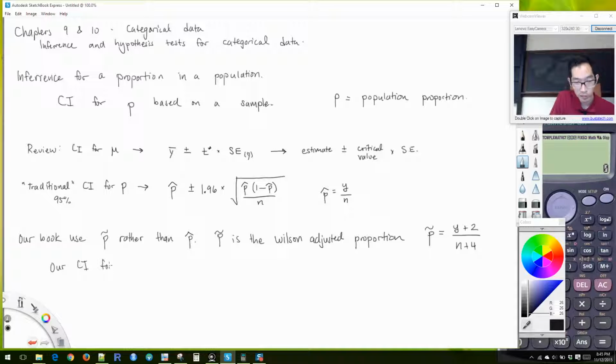So p tilde, p squiggle, is the Wilson adjusted proportion, and then our confidence interval for p, based on the Wilson adjusted proportion, is going to be p squiggle plus or minus 1.96 times the square root of ... n plus 4.